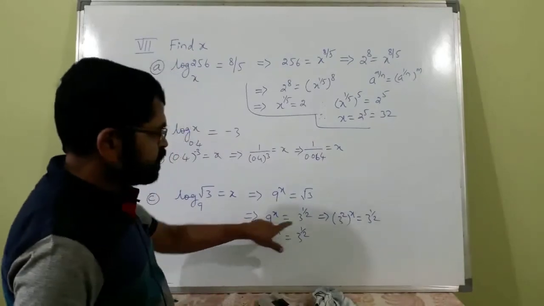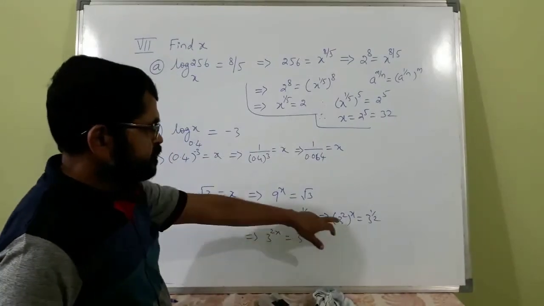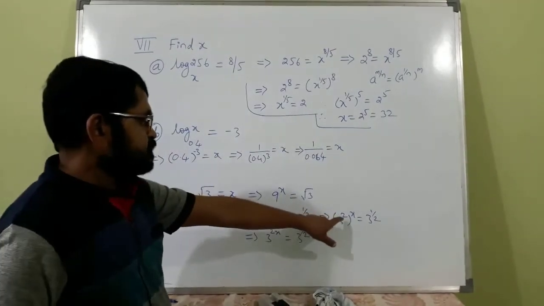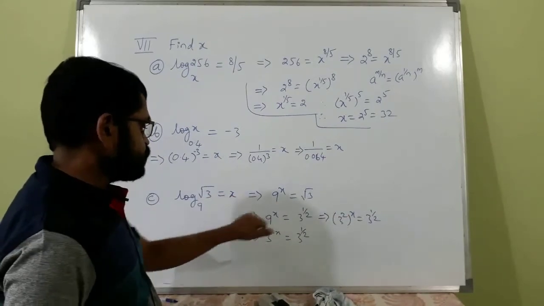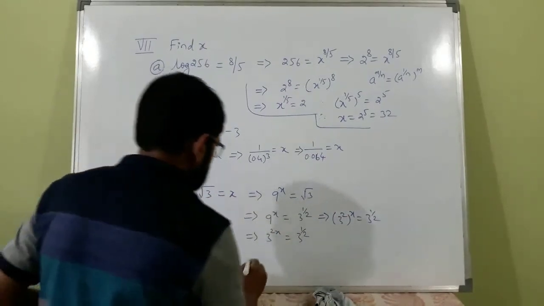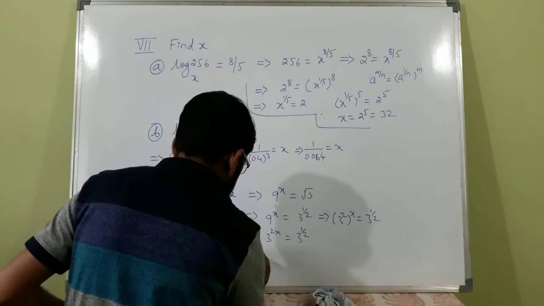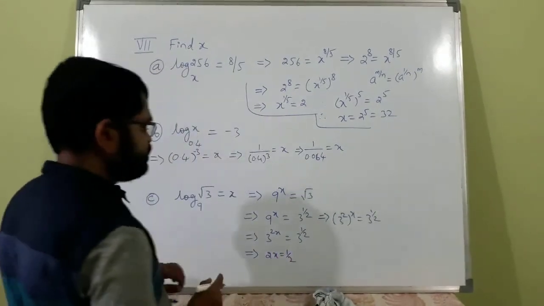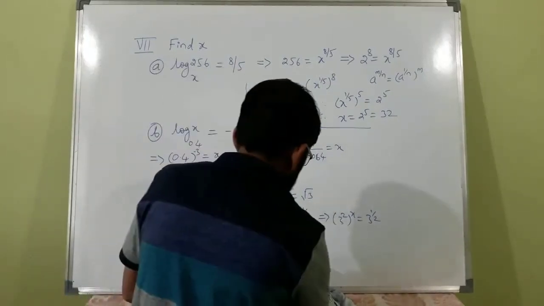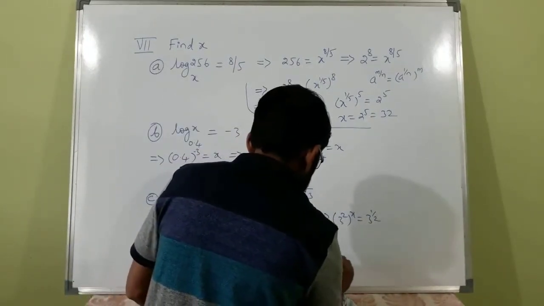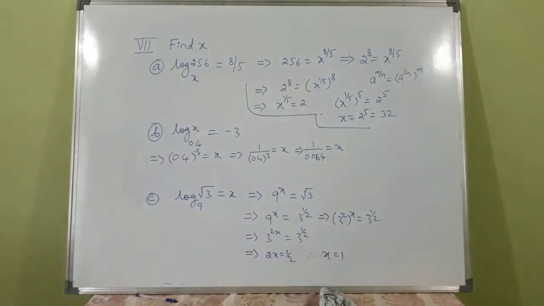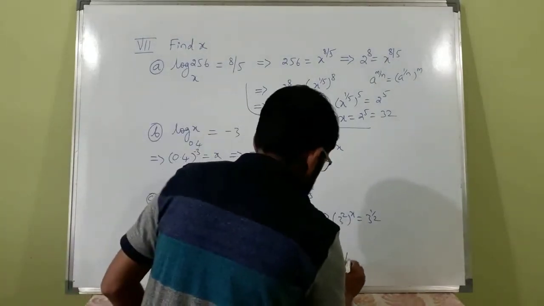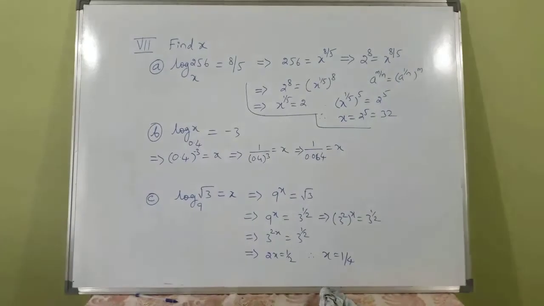So this is 3 raised to 2x. Therefore 2x is equal to half, which means x is equal to 1 by 4.